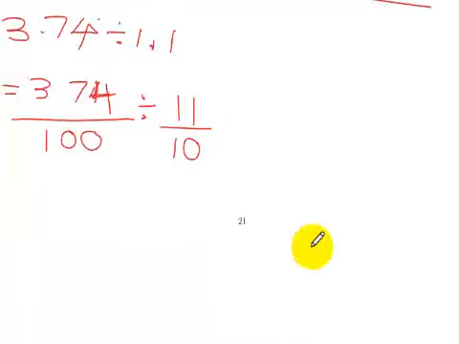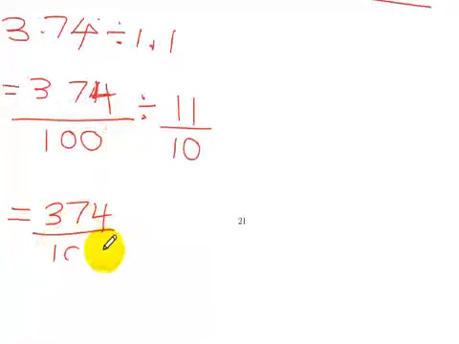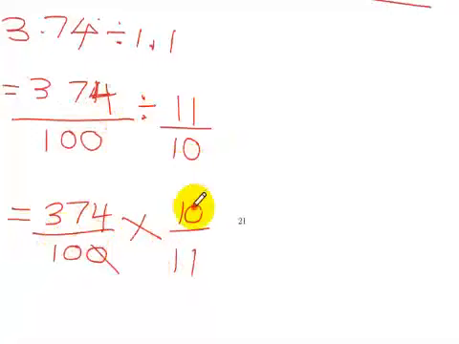Now I can simplify 374 over 100 divided by 11 over 10. Here we divide fractions. So what you have to do is make this a multiplication and take the reciprocal of the second fraction. So these two cancel out. When you divide 100 by 10, you get only 10.